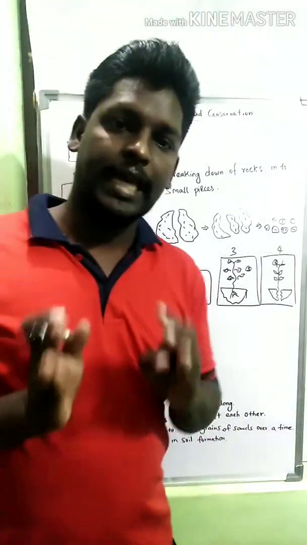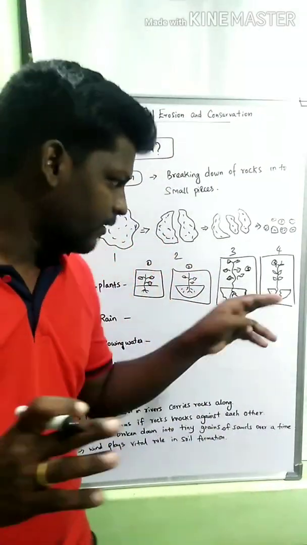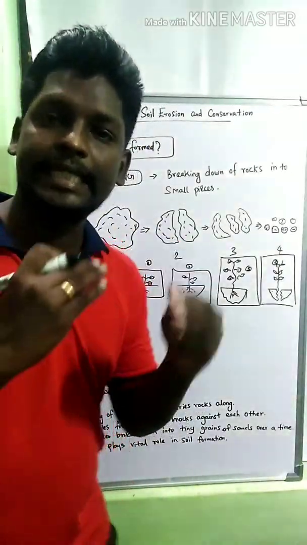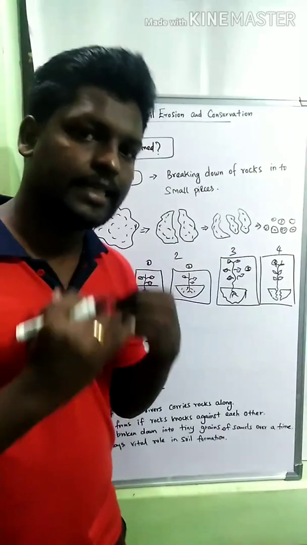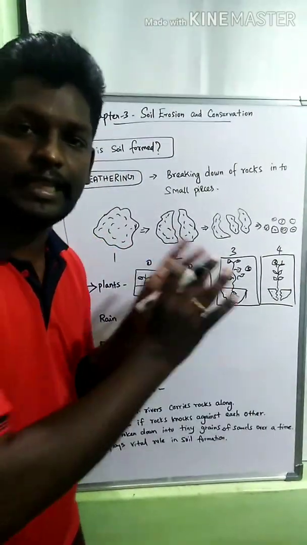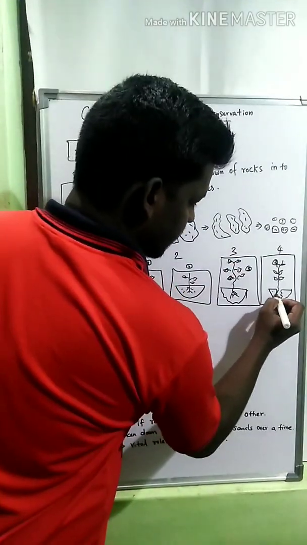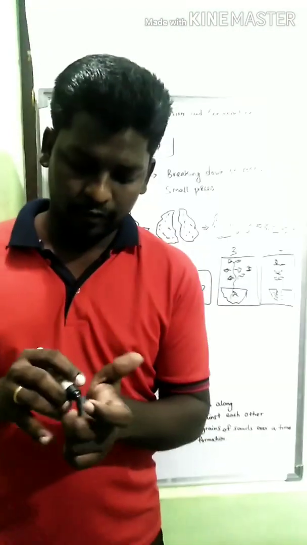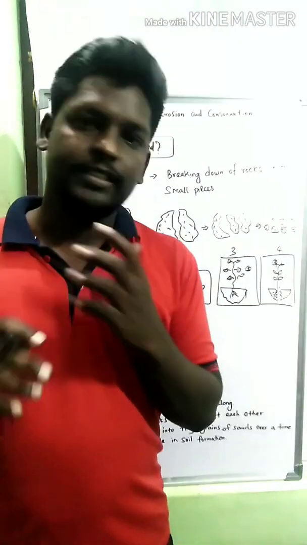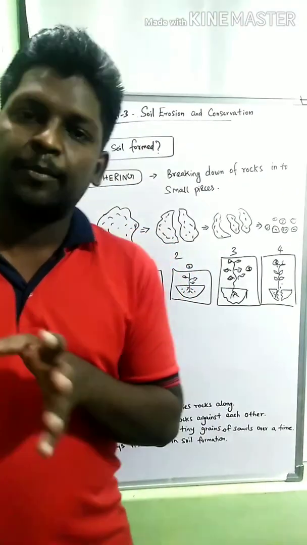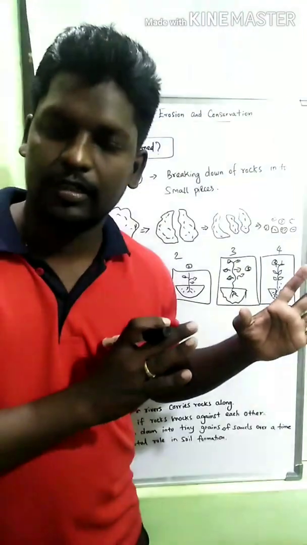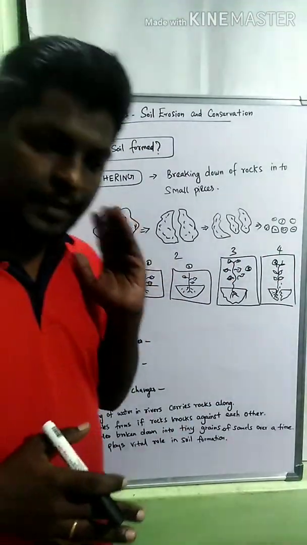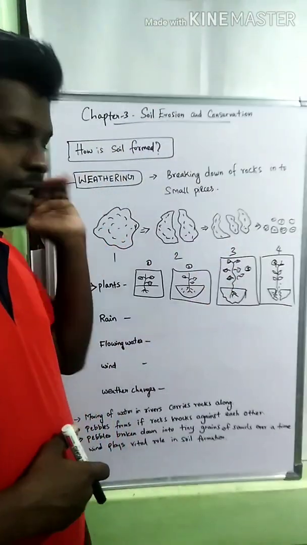Maybe the plant got damaged, or it will still survive wherever the nutrients in the rocks can be easily attained. From wherever it can attain nutrients, it can still survive in those rocks. But the rocks are broken. After this breaking down of rocks, you know what happened? These rocks become tiny particles, and that is how soil is forming. So this is how plants play their role in the weathering process.